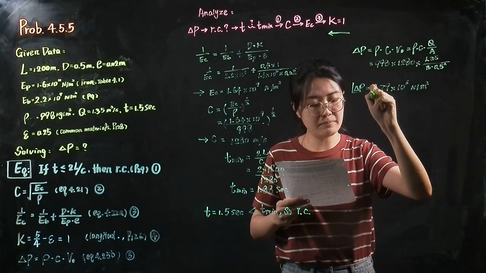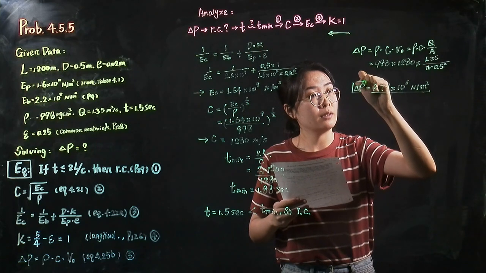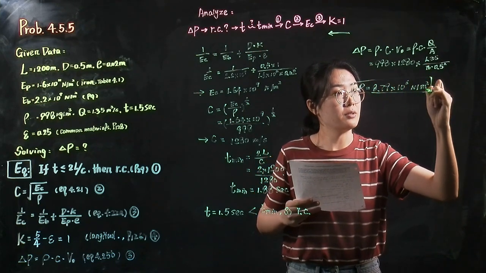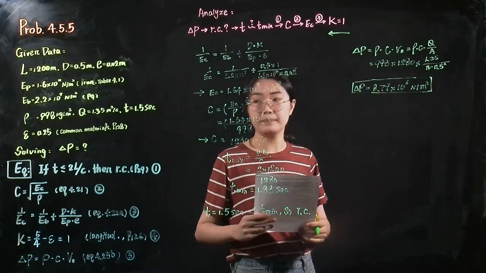Then the maximum water hammer pressure is 8.69 times 10 to the power of 6 Newton per square meter.